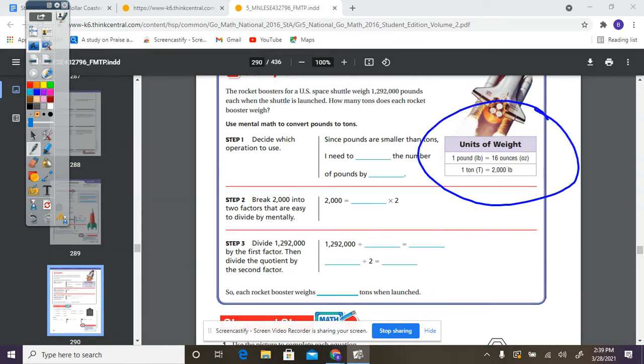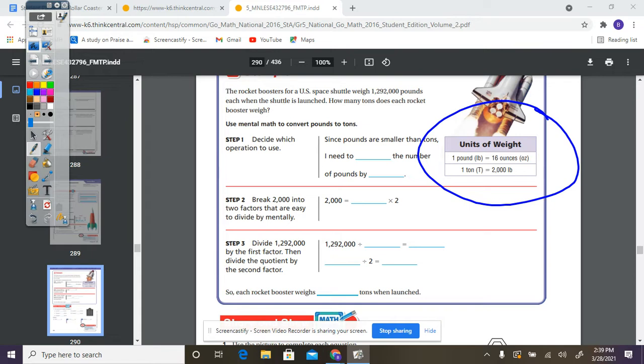Units of weight. So 1 pound equals 16 ounces. 1 pound is 16 ounces. 1 ton is 2,000 pounds. So when you think of a ton, you need to think of a school bus. A school bus is roughly 2,000 pounds. When you think of 1 pound, it's super, super small.